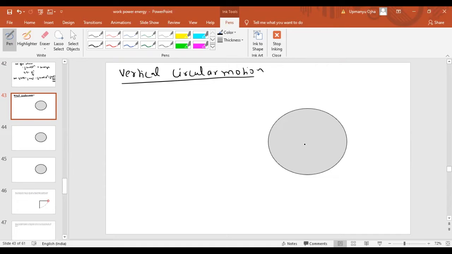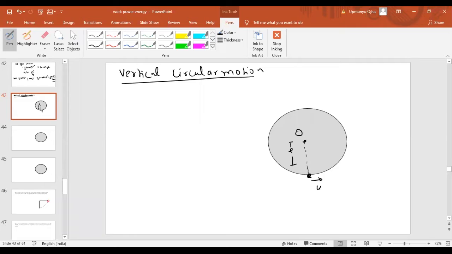Now let us suppose we have a string, and some body of mass m is attached with the help of the string. The string length is l. Now if I give some velocity u at the bottom, what will happen?